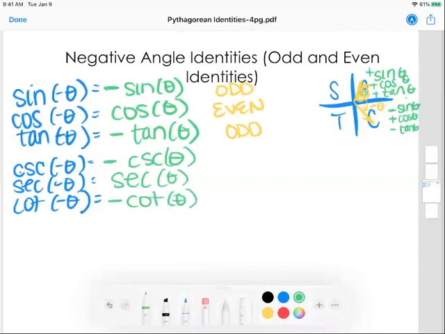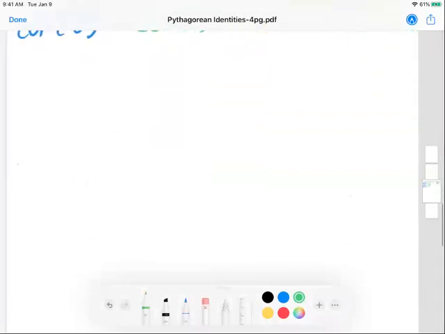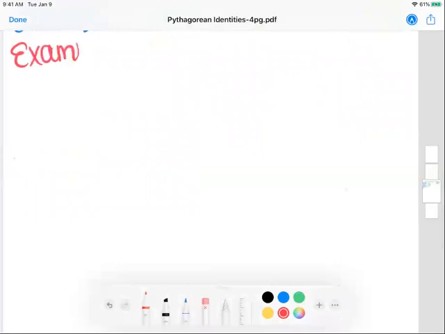All right, so let's use these identities to simplify an expression. So we'll have example 5 here. In this example, we're actually going to simplify an expression. The difference between simplifying and proving or verifying is that it's just an expression. It's not an equation. There's no equal sign.